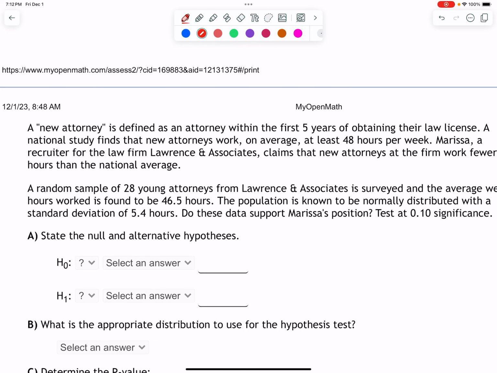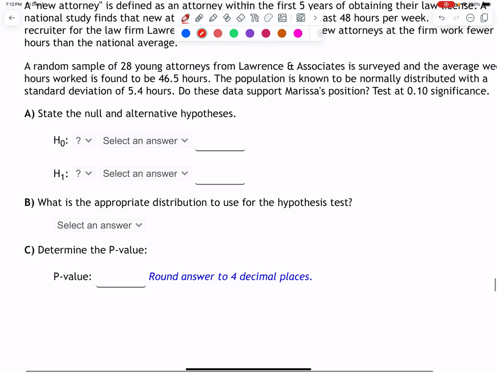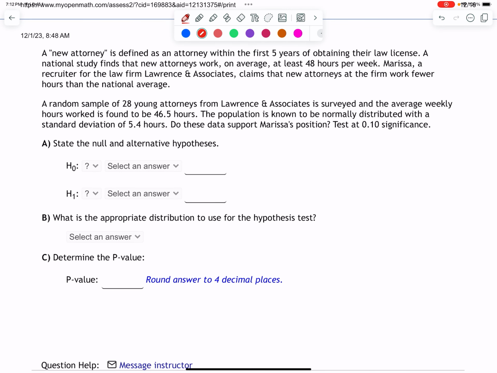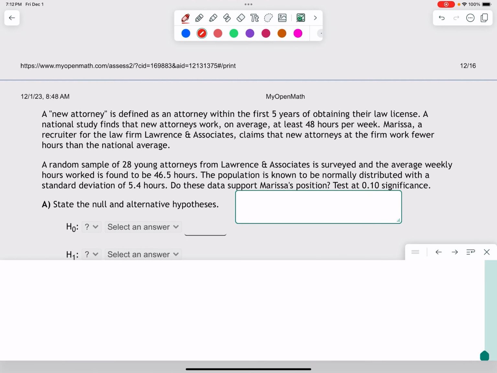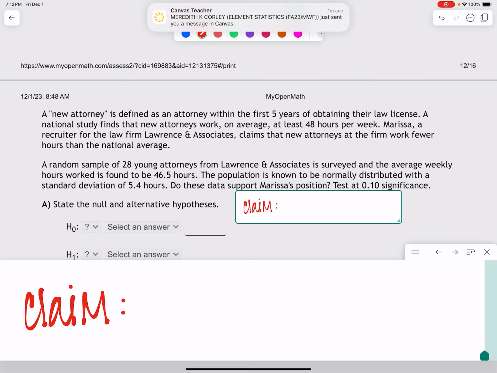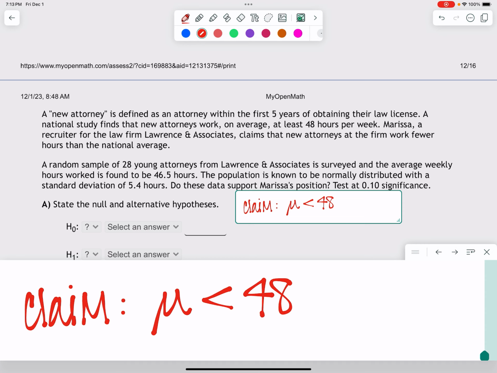The attorney question came out of your homework. We are claiming that new attorneys work fewer hours than the national average. New attorneys work fewer than 48 hours a week.